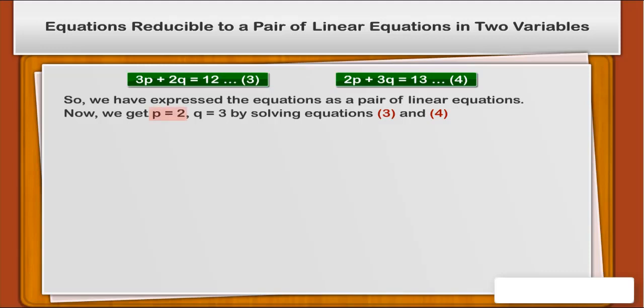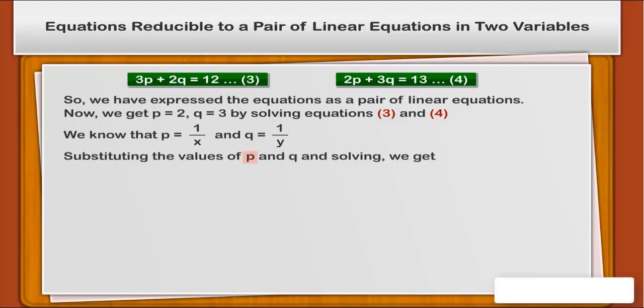Now, we get p is equal to 2, q is equal to 3 by solving equations 3 and 4. But we know that p is equal to 1 upon x and q is equal to 1 upon y. Substituting the values of p and q and solving, we get 1 upon x is equal to 2.